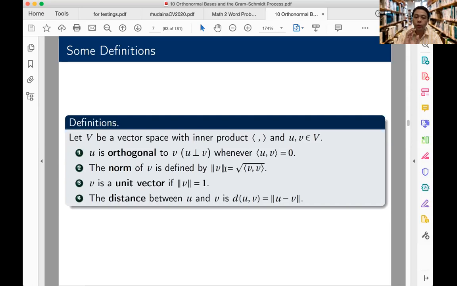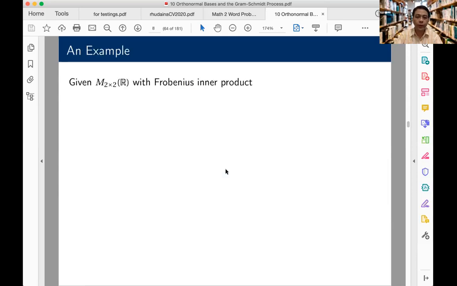Okay, take note, this distance may not be the typical distance that we know. For example, consider this vector space of 2 by 2 matrices with real entries. And then let's equip this with the Frobenius inner product. So let's say we have these 2 vectors, U and V. So the product UV is equal to the trace of U transpose V. That's how we defined the Frobenius inner product.